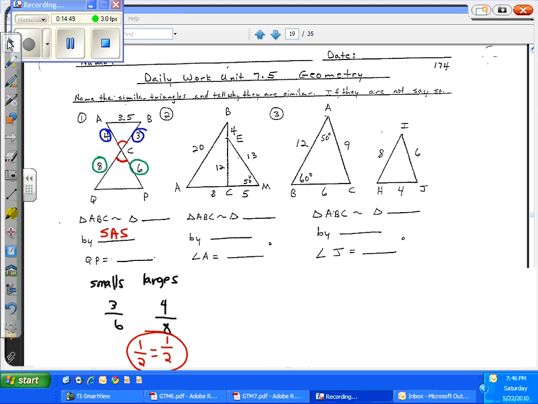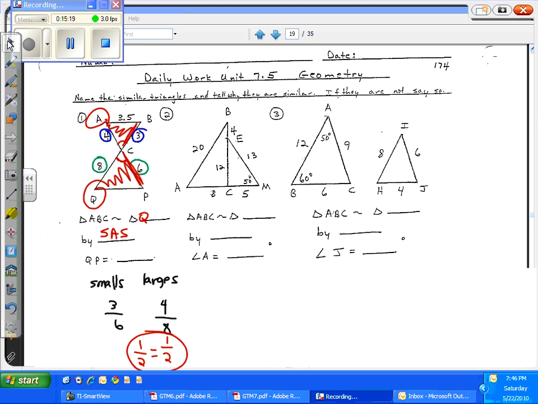Now A was opposite that smaller side 3, so we're going to look opposite that smaller side 6 and get Q. See that? So A goes to Q. You might have thought, well, A goes to P because they make a Z, but that's not the case. Small, angle opposite small goes with angle opposite small.